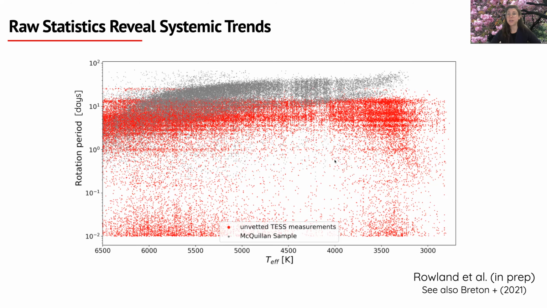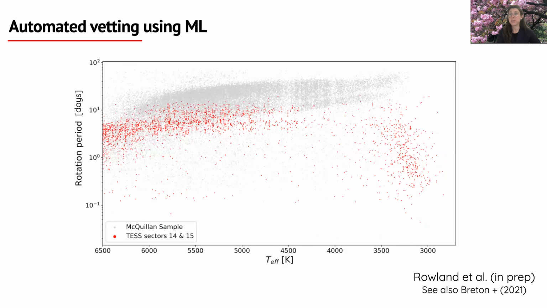So she uses a 3-step random forest algorithm to remove rotation periods that are likely to be incorrect and inaccurate. And when she does that, she reveals the underlying distribution of accurate rotation periods, which looks like this. So quite a dramatic change from the previous slide.